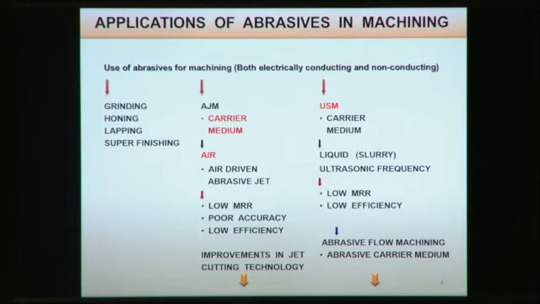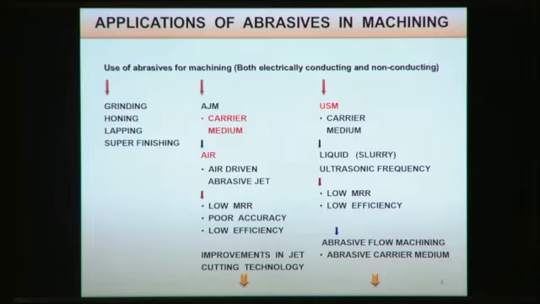So here the slurry is the liquid and the tool vibrates with ultrasonic frequency. In ultrasonic machining the material removal rate is very low, because machining is done by small abrasive particles, so efficiency is also very low.